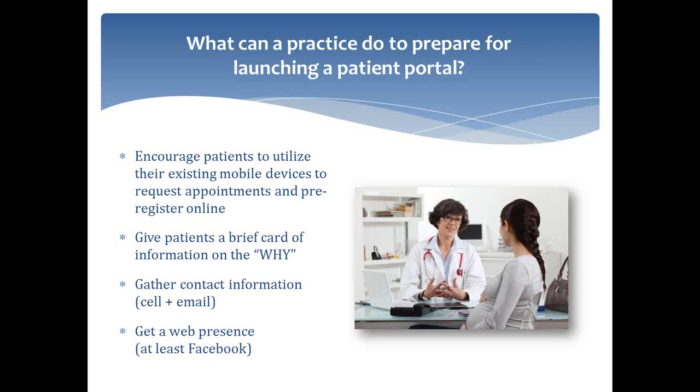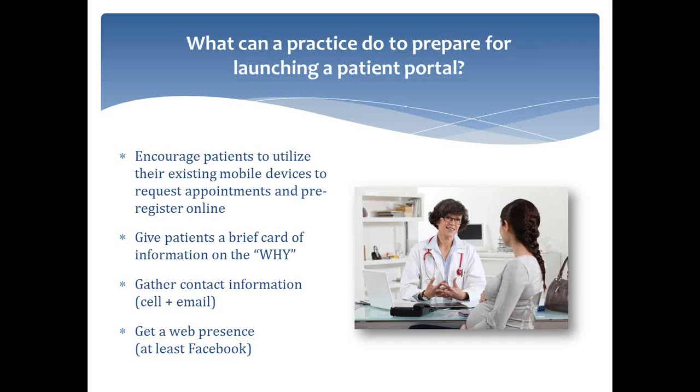One of the things that we've done is developed a brief card for some of our channel partners that just speak to the what on the first side and the why on the back side. It's a simple business card with a couple of points.